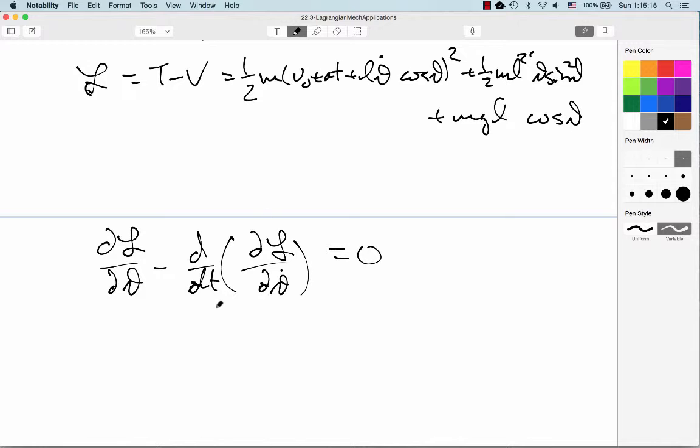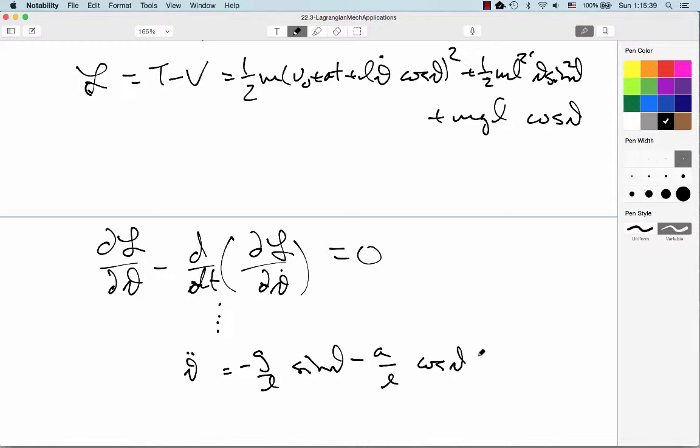I'll leave it as an exercise for you to do the derivatives, and it turns out you'll get an epic amount of cancellation happening, and you will eventually end up with theta double dot equals minus g over L sine theta minus a over L cos theta.